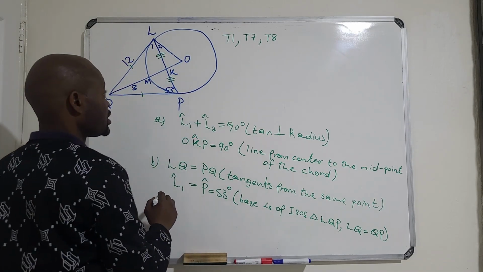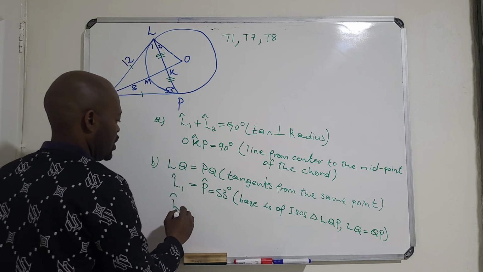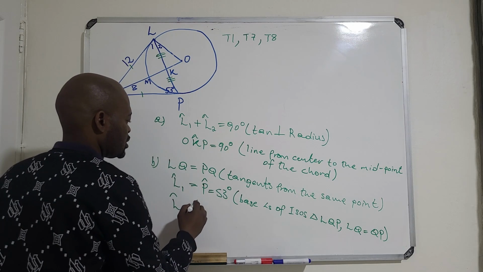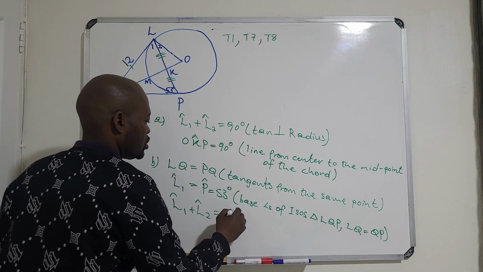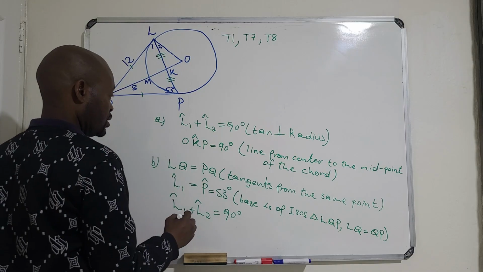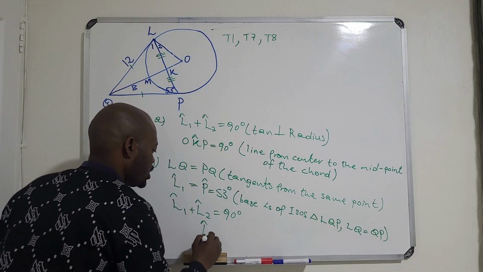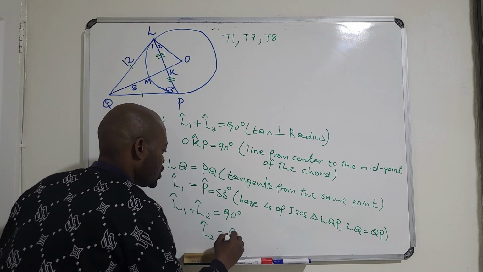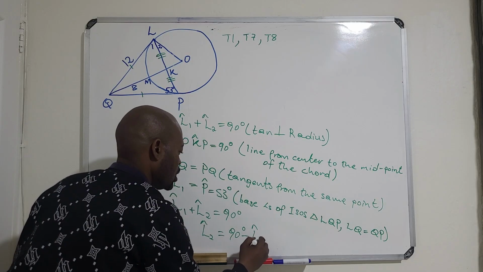I'm going to write it here. Angle L1 plus angle L2 is equal to 90 degrees. I want angle L2. Angle L2 is equal to 90 degrees minus angle L1.